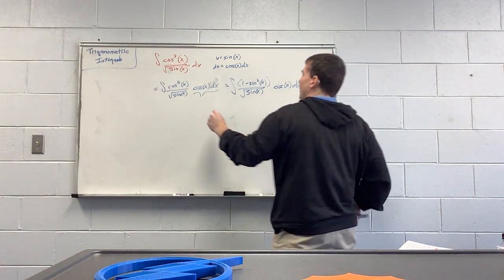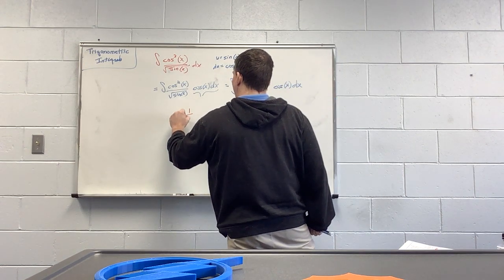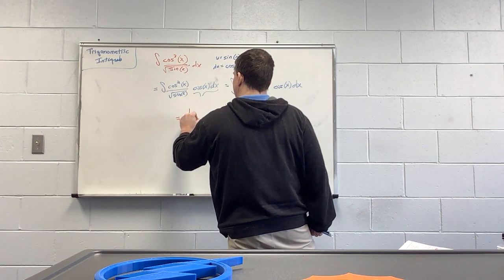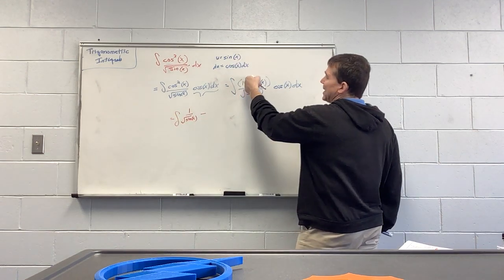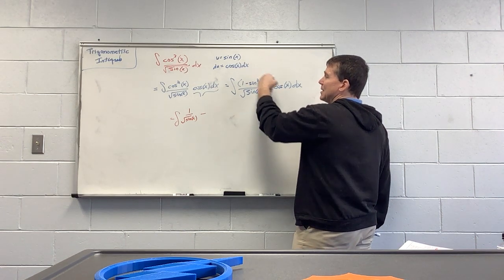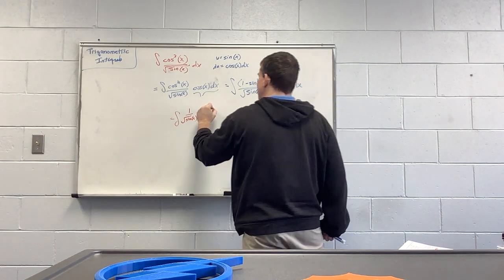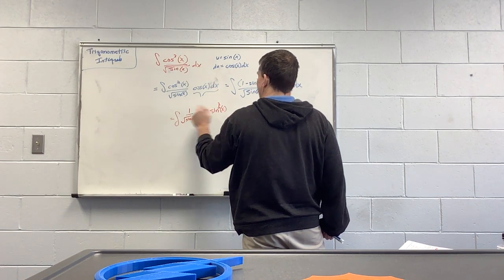Just rewrite the whole thing. And I get the integral, forgot my integral symbol, of 1 over root sine x, minus sine squared over square root of sine x, which is sine to the 1/2, is 2 minus 1/2, which is 3/2. So that's sine x to the 3/2.